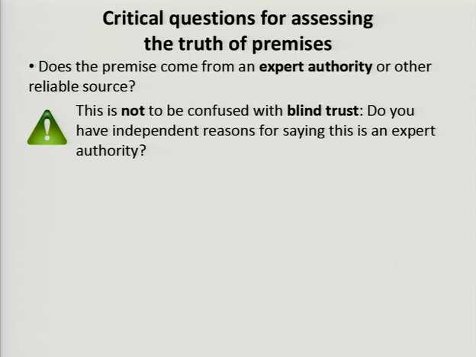If you're appealing to expert authority, you will want to have some good reasons for thinking that this person or this resource, this encyclopedia, this book, this journal, is one that you have good reasons for trusting. So you shouldn't confuse this with blind trust in any way.